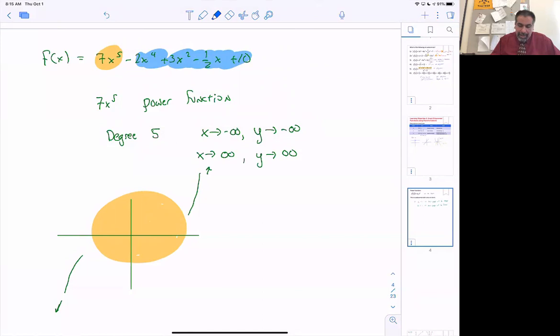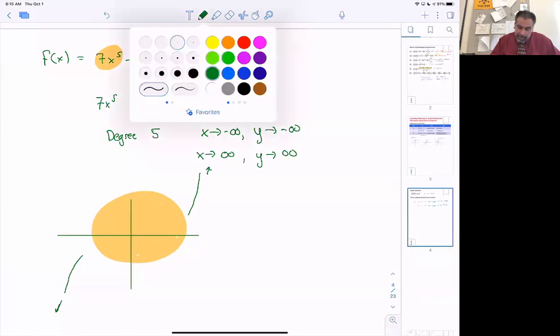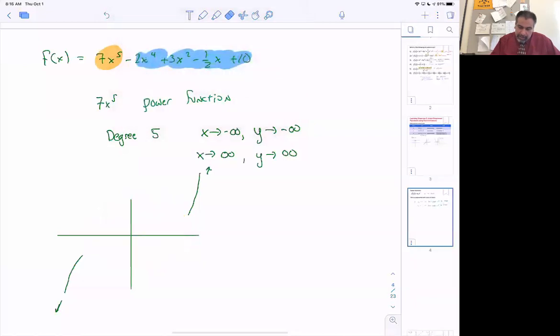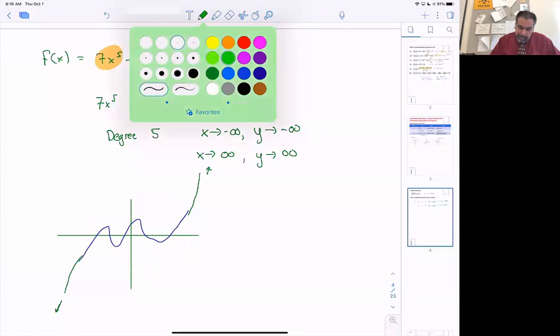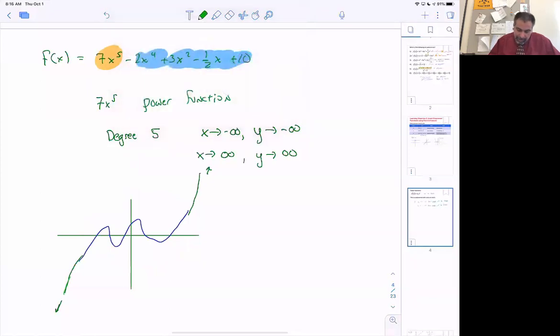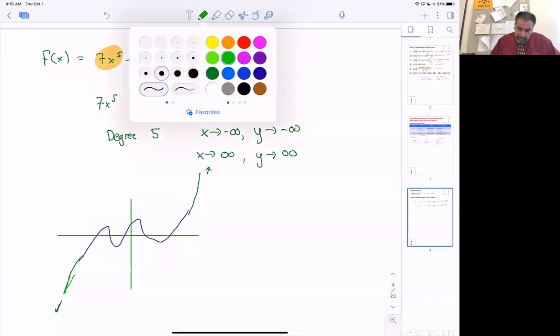But we do know that even if it did something like this, even if we saw a lot of turns and changes, so let's say maybe it goes up and down and up and down and comes back down and goes back up. It's still following the same basic idea, especially when we think about the end behavior of our graph, our power function, that would look like this one, okay?